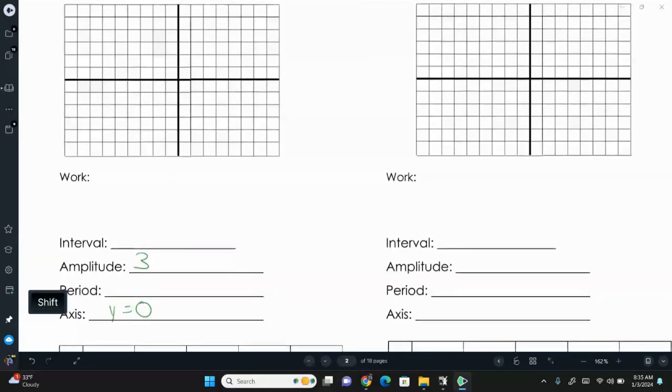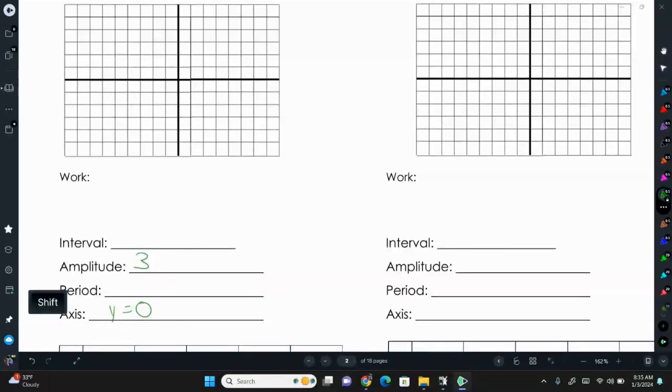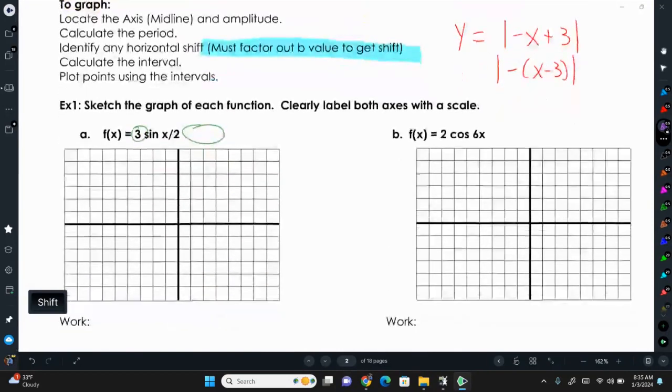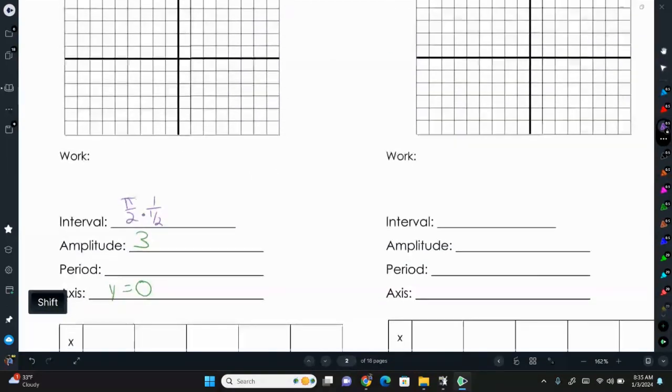Our interval, remember we had up there is pi over 2 times 1 over b. Well, b is 1/2, because we could write this as 3 times the sine of 1/2 x. It means the same thing. So that's really pi over 2 times 2 over 1, which is pi. So our increment is pi.